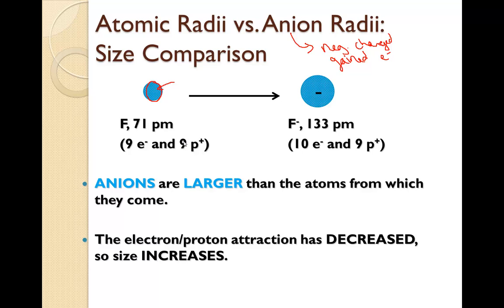Of course it's going to grow when you add more in there, but it's not just because of having more stuff. It's because the electron-proton attraction decreased, so the size increased. The anions are always larger than the atoms from which they came.